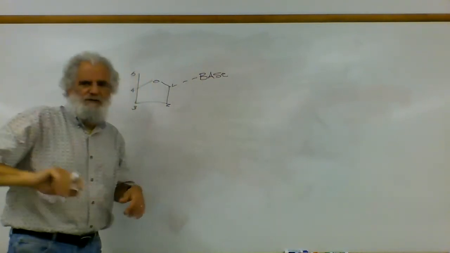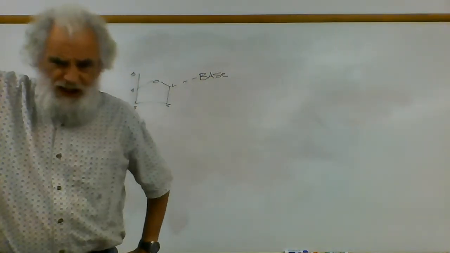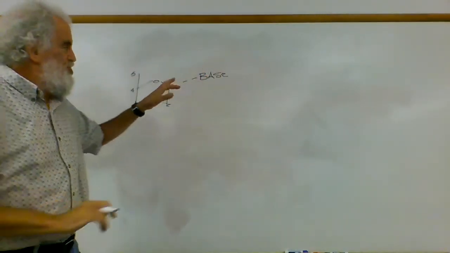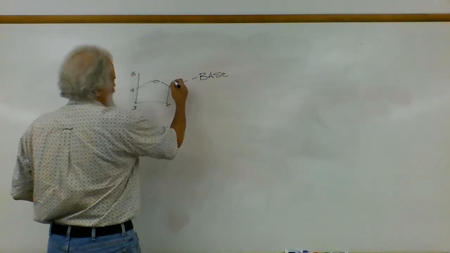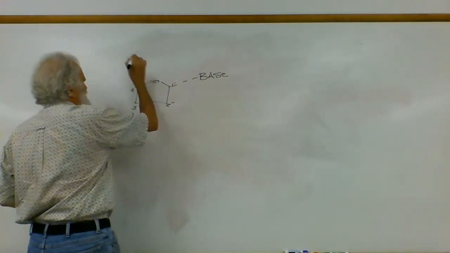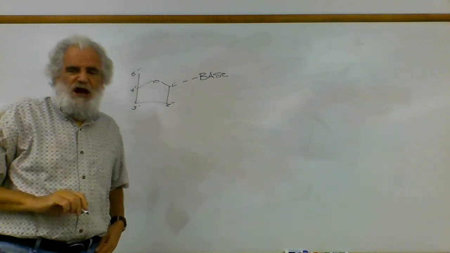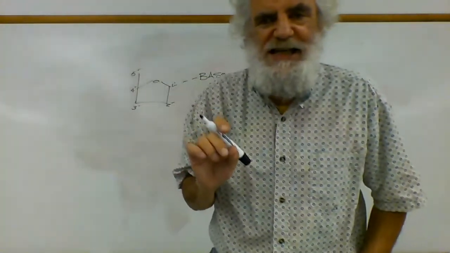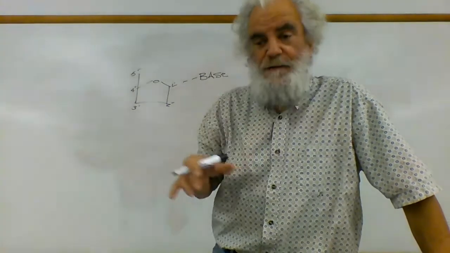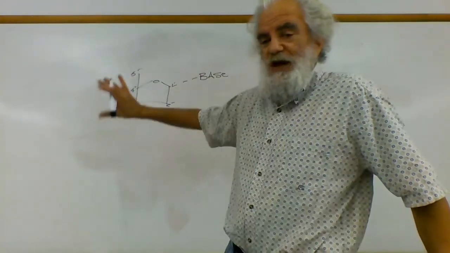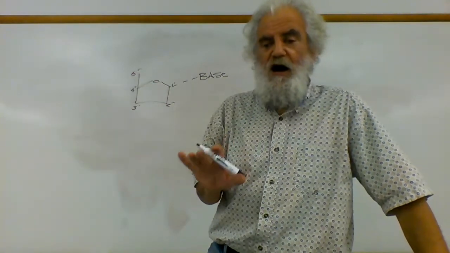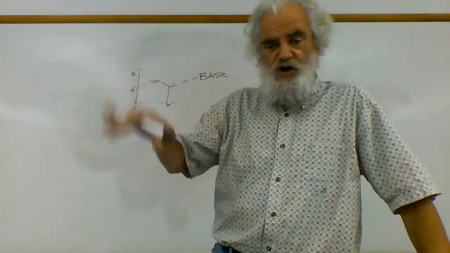And I'm kind of being a bad lecturer, in that the base actually gets the straight numbers, 1, 2, 3, whatever, and then the sugar has the primes, what's known as 1 prime, 2 prime, 3 prime, 4 prime, 5 prime. And so that's how we designate the individual carbons in a nucleotide, is we have the base, and then we have the 5 carbons of the sugar.